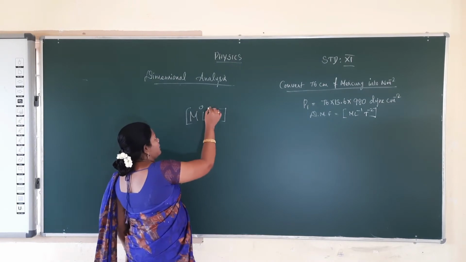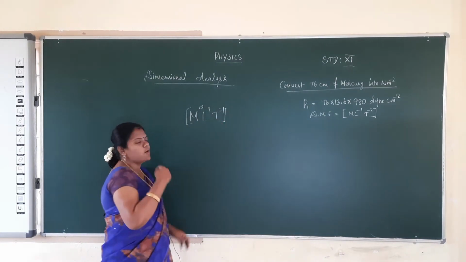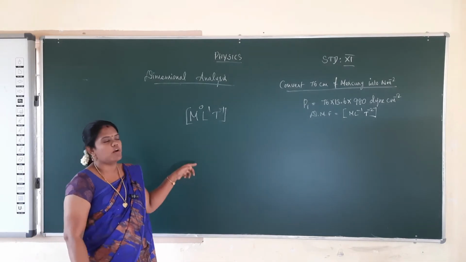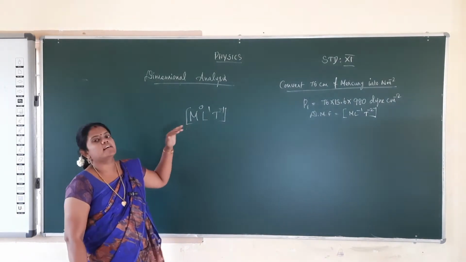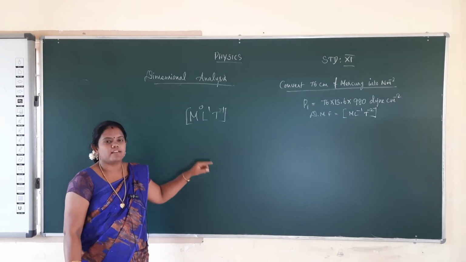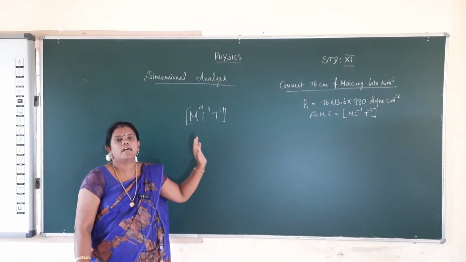M power 0, L power 1, T power minus 1. Those are the powers of some basic physical quantities. Denoting physical quantities with capital letters in square brackets is called dimensional analysis.